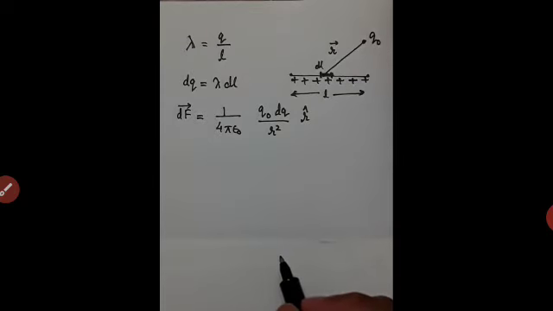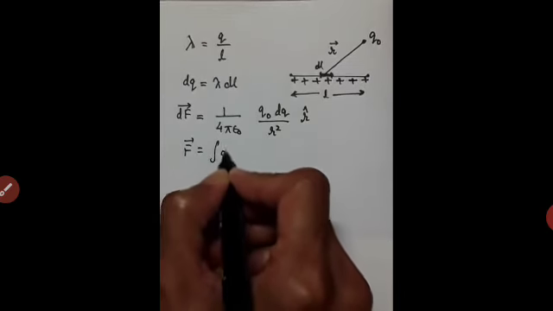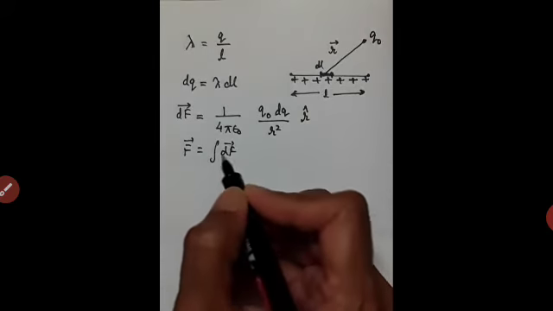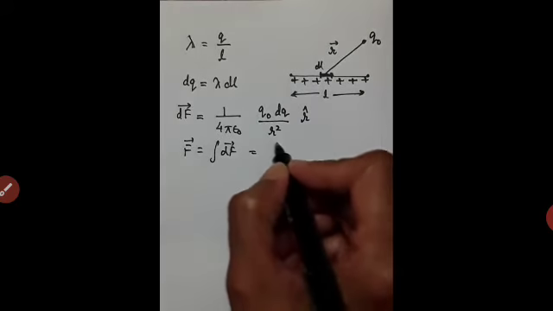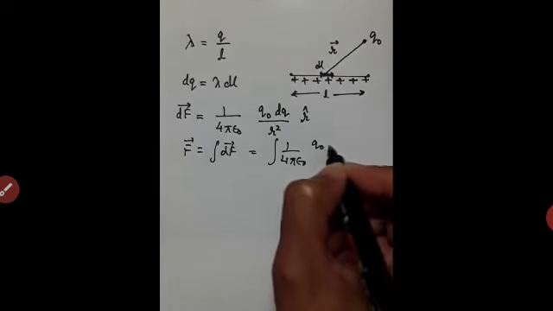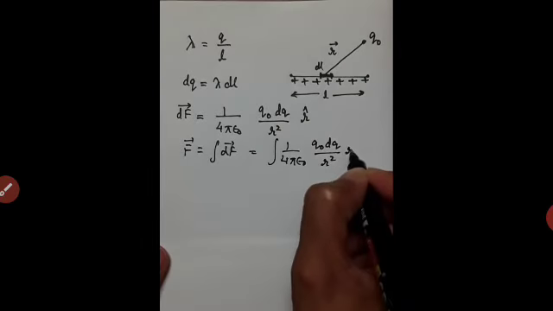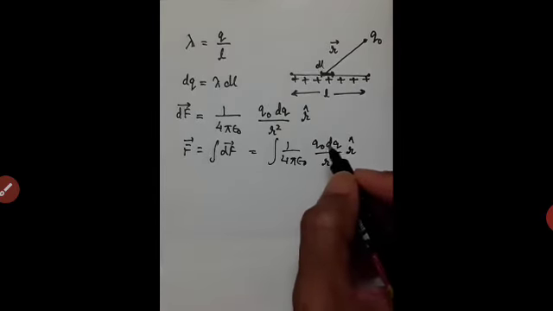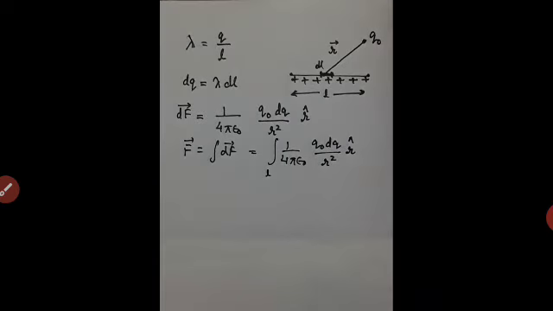This is the small force acting due to the element dl. The total force F equals the integral of dF. So we integrate this equation, 1 upon 4 pi epsilon naught, Q0 dq by r square into unit vector r. This integration is taken over the complete length, so we write L.